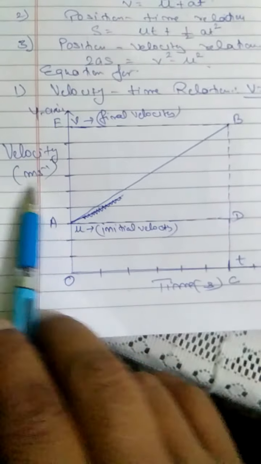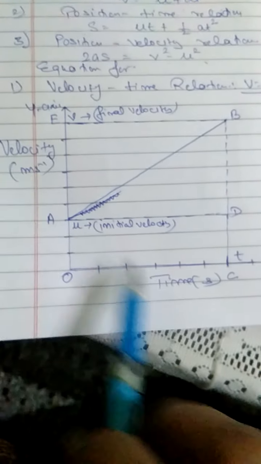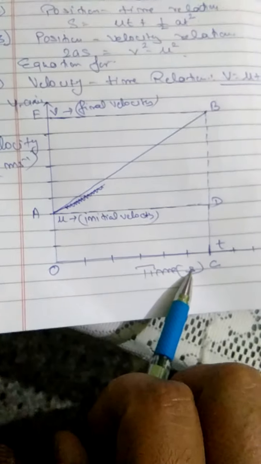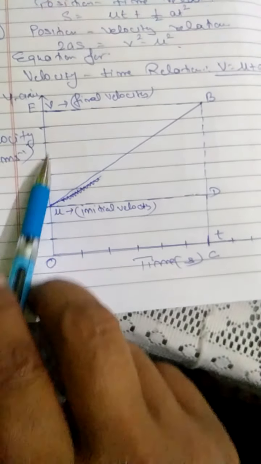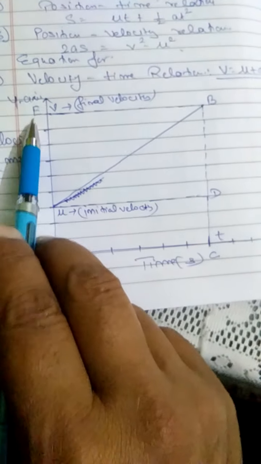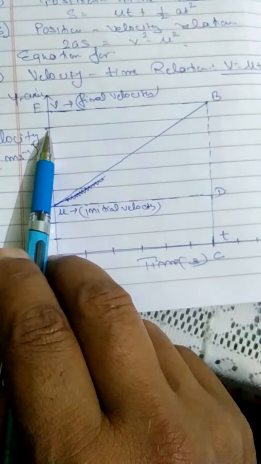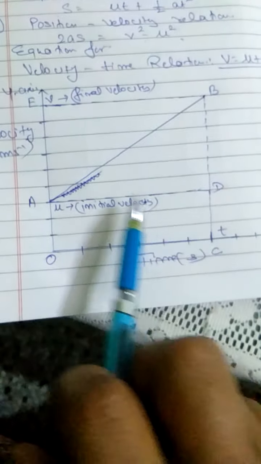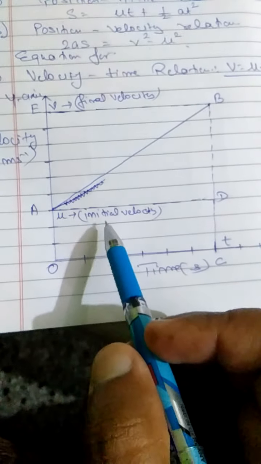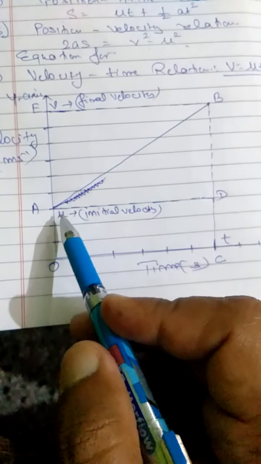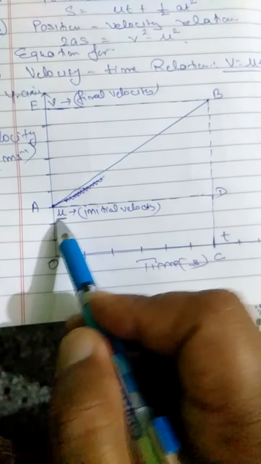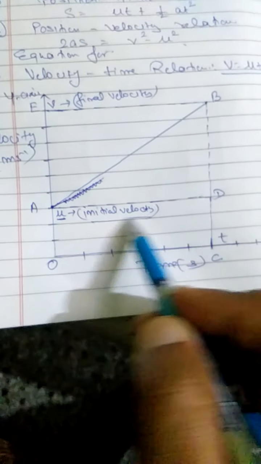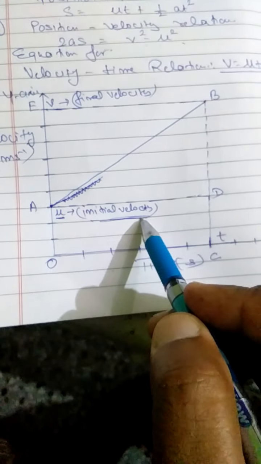The SI unit of velocity is meter per second, and time is in second. We take some points on x-axis and some points on y-axis. Okay beta, so let us consider that first of all the object is at point A with initial velocity u. u is the initial velocity of the object.